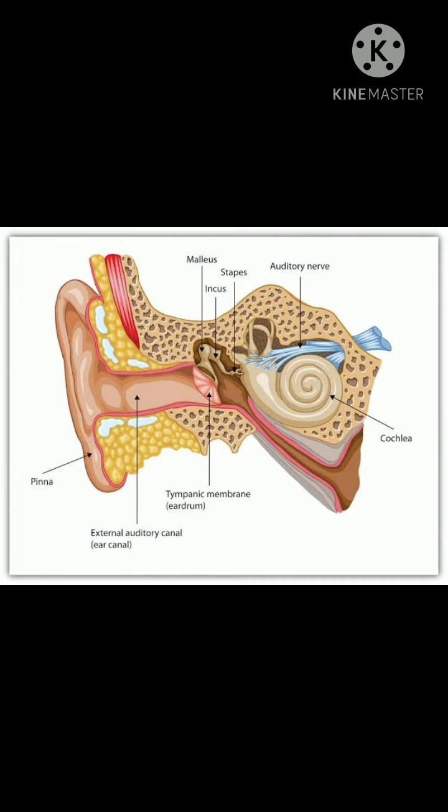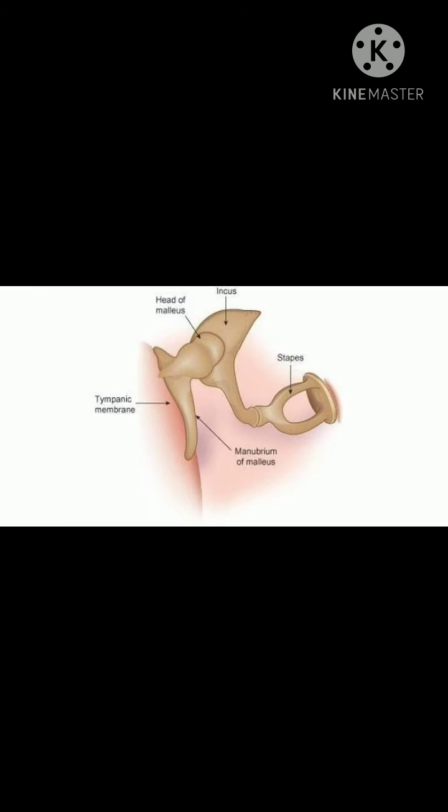And now you come here, the smallest bones of the body, the malleus, incus, stapes of the ear. At the center you can see the middle ear, there is malleus, incus, stapes, which will be enlarged, and I will show it. Now comes the enlarged size of the malleus, incus, stapes.